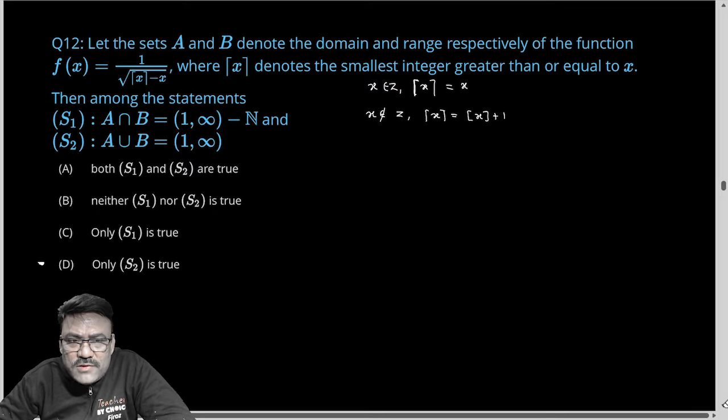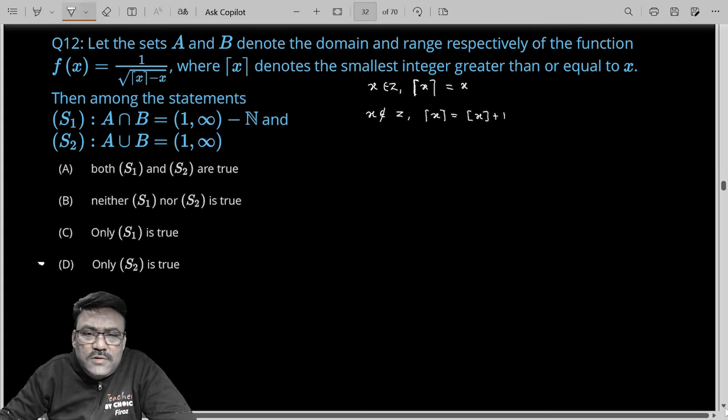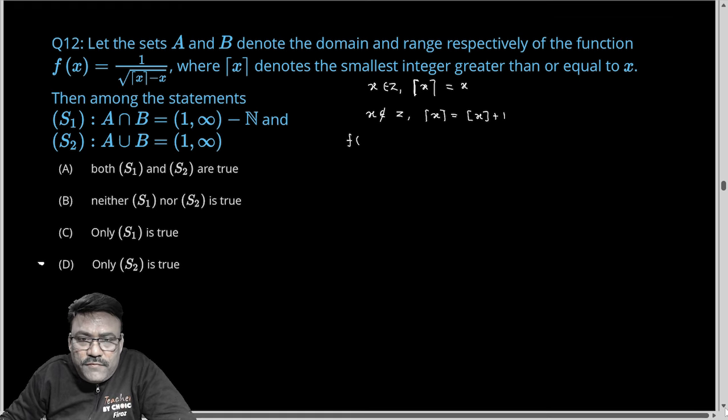Obviously this function f(x) is not defined when x is an integer, because then the denominator will be 0. So hence f(x) is not defined if x is an integer. So hence domain is which set?